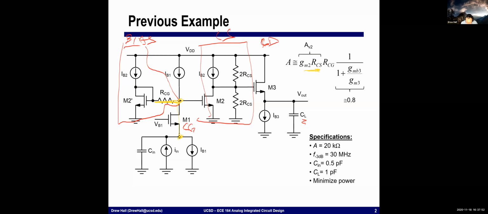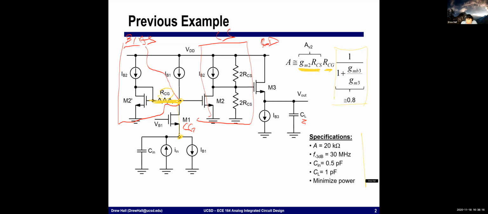And then at the output, we have an attenuator that's from this common drain stage. So again, current copied at the input, reflected into a voltage through RCG. That's why we have this RCG term in the gain expression. Then we have a common source second stage, and then we have the output stage.